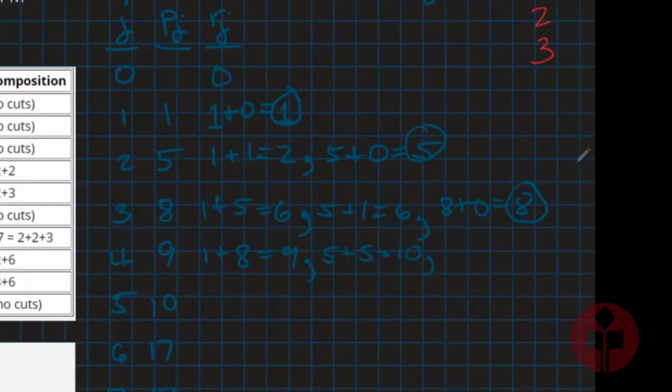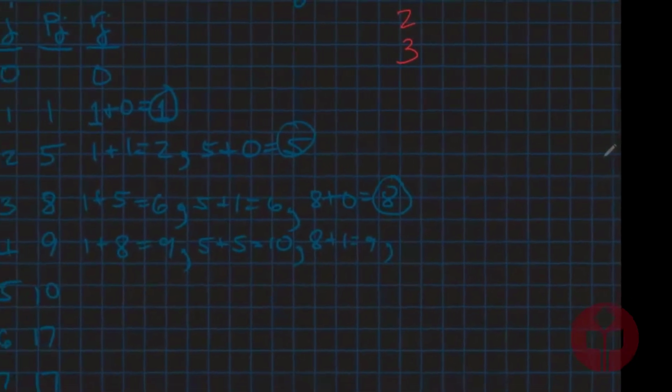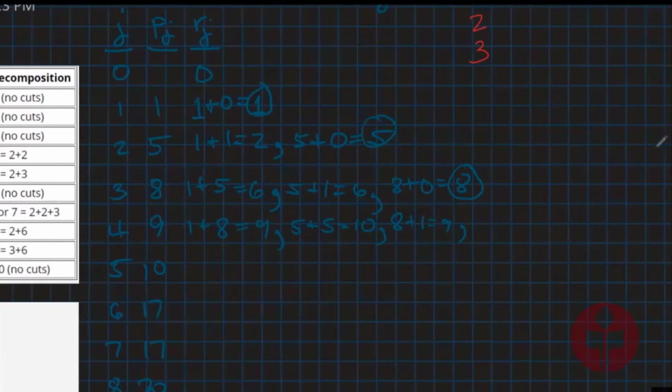For the third sum, we're adding up 8 and 1. So that is just 8 plus 1 is equal to 9. And then finally, the last pair we're going to get is the price of 9 and the optimum revenue of 0. So that is just 9 plus 0 is equal to 9.